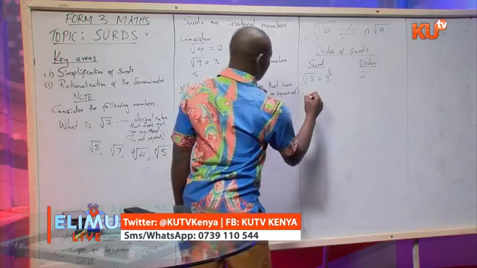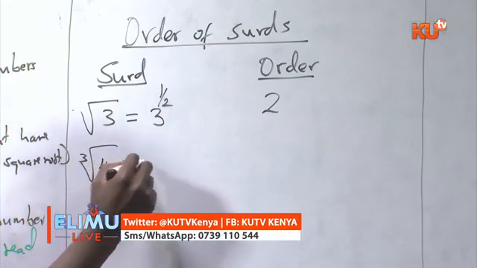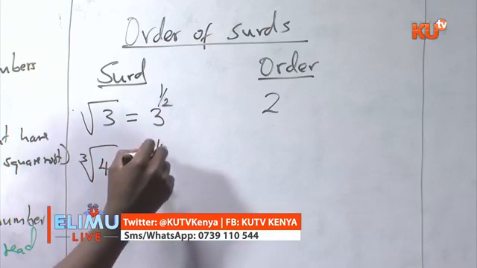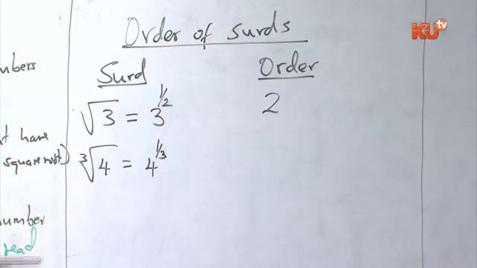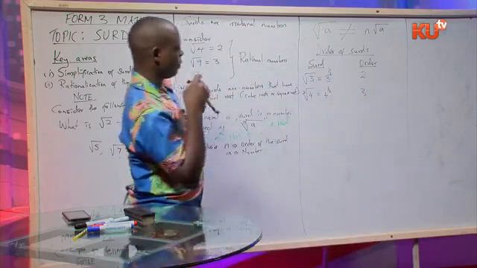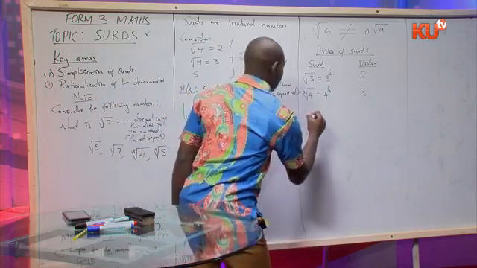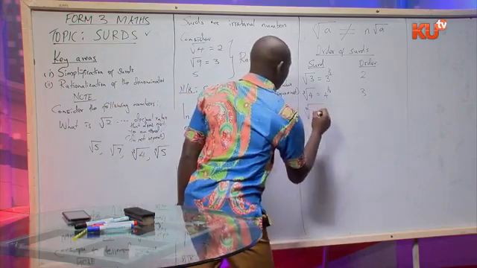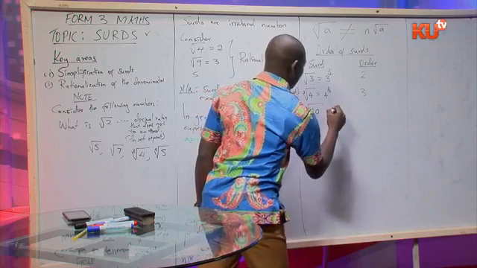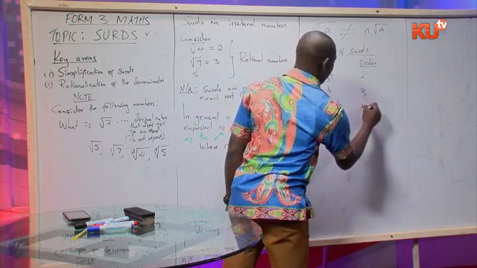If I have cube root of a number 4, then this is the same as saying 4 power a third. And so the 3 defines the order. So this is order 3. If we go to the fourth root of a number 10, this is the same as saying 10 power 1 over 4, and 4 defines the order.